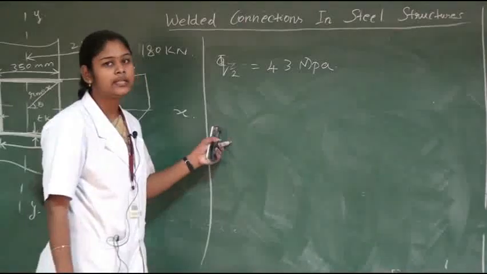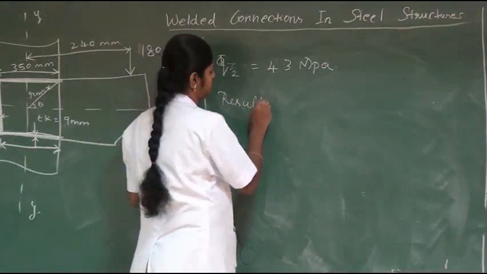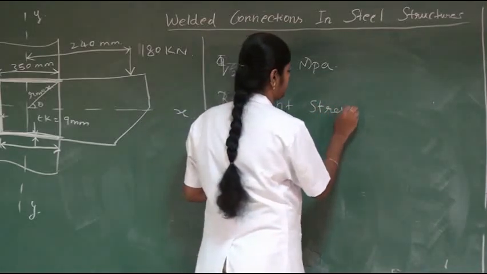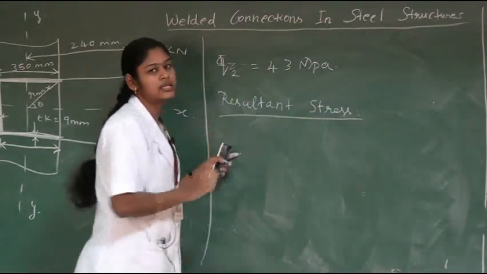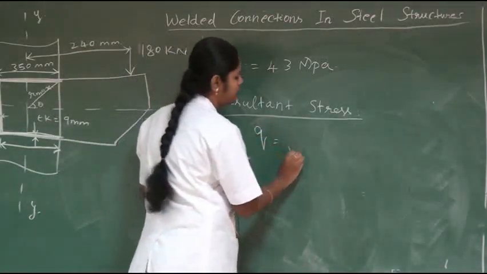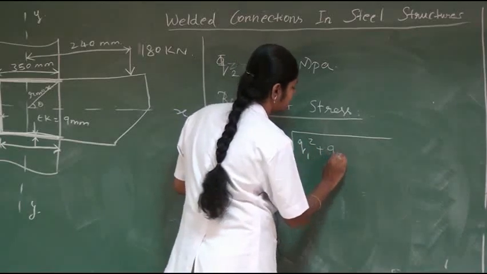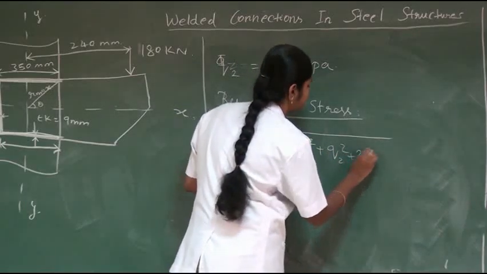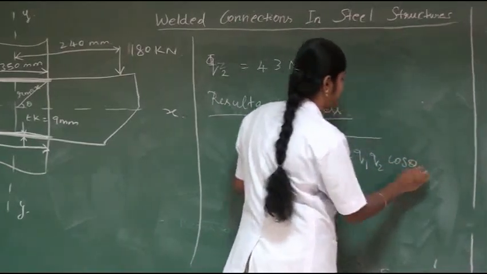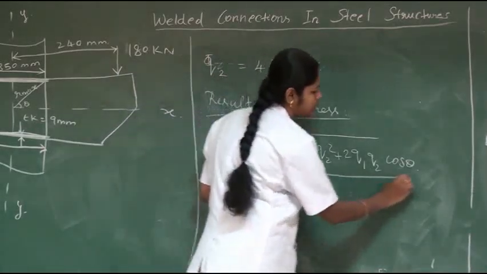Then we have to calculate the resultant stress, which was denoted by Q. For this the formula is root of Q1 squared plus Q2 squared plus 2 Q1 Q2 cos theta. We have to substitute the values here.